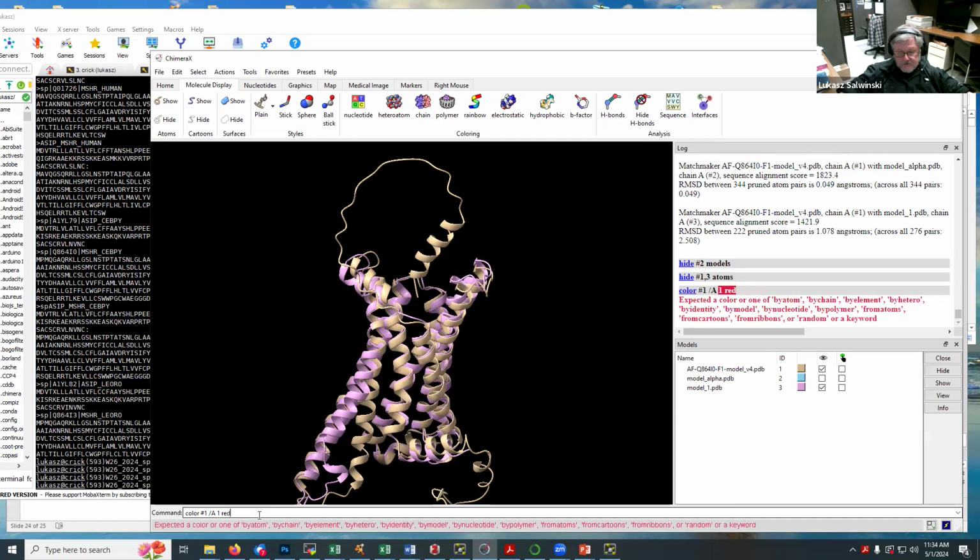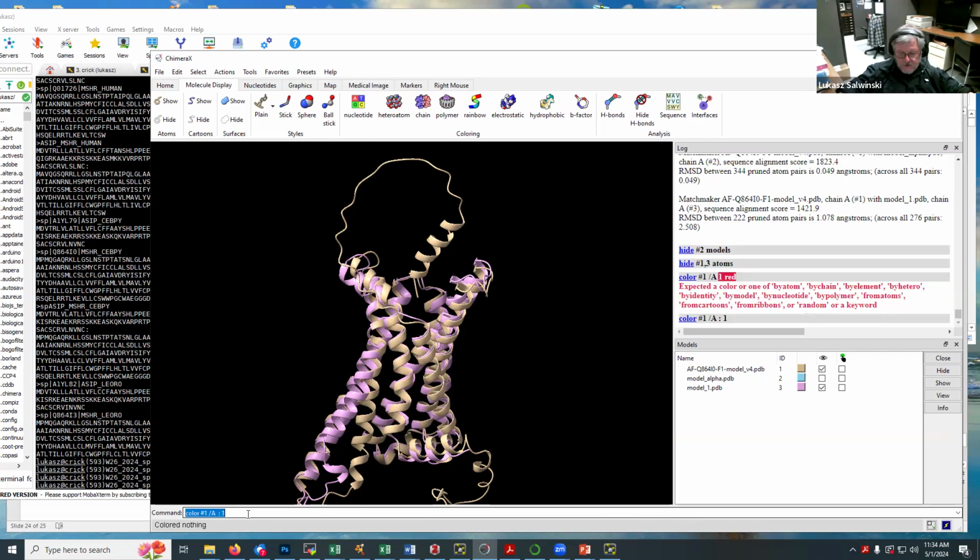Color red position. Oh, sorry, my bad. It's supposed to be color first. I keep forgetting about the column. Hash one slash A colon one. I think that's how it should go. Let's see. No, not space.